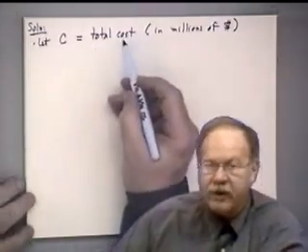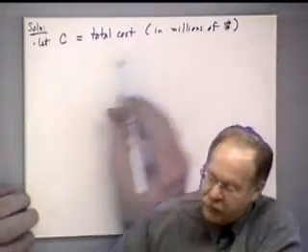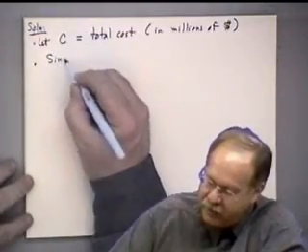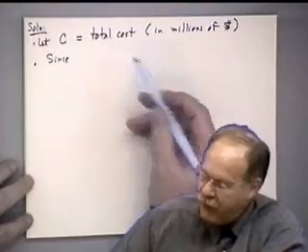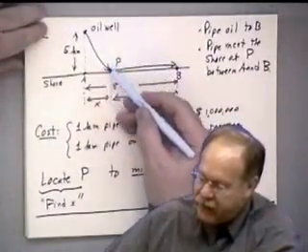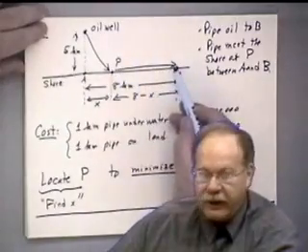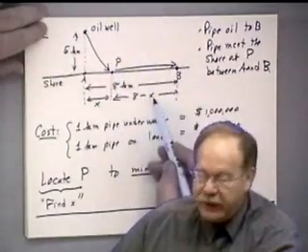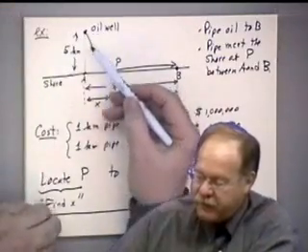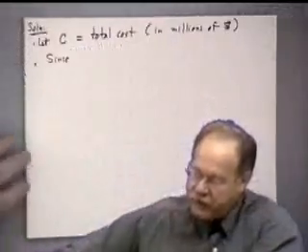So when I have 1 in the cost, it'll be 1 million, and we'll put the millions on later. Now, we want to find out somehow how much this costs. Well, if you look back at the picture, it is going to depend on the length of time you're underwater and the length of time you're on land. The time on land is 8 minus x. That's easy. The time on water is this distance, which we'll have to compute from this right triangle.